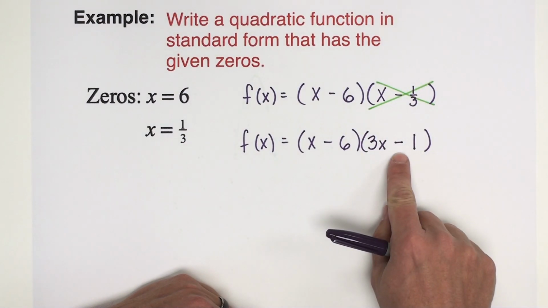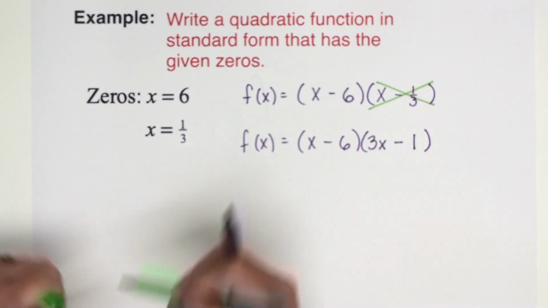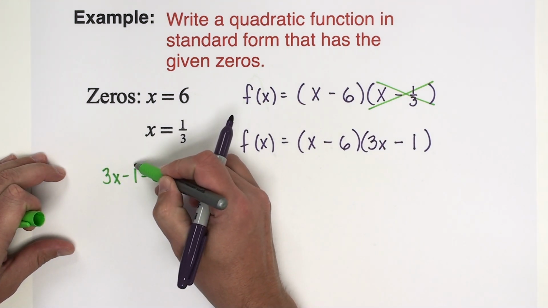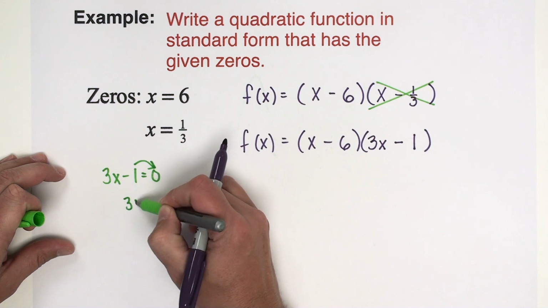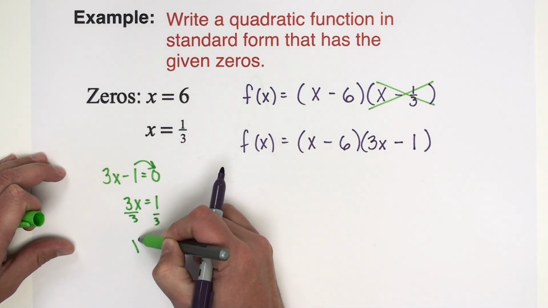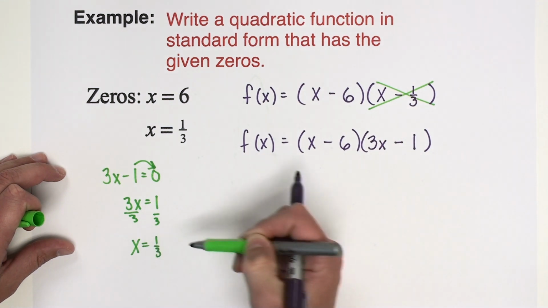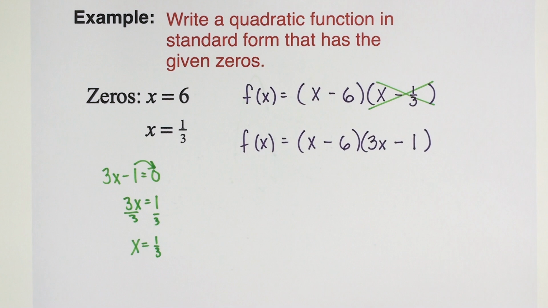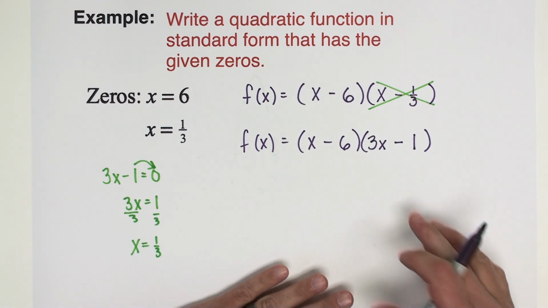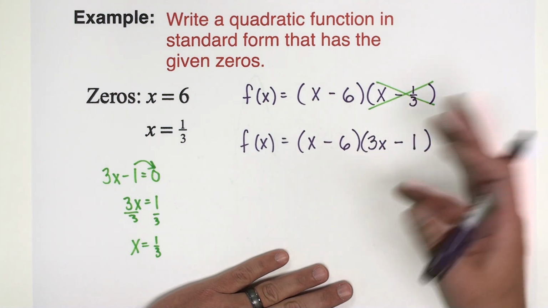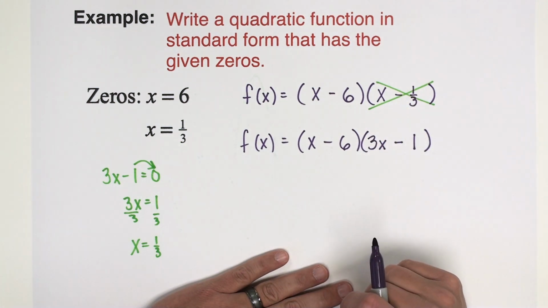So follow that two-step equation, right? If you take 3x minus 1 equals 0, you're adding that over, and you're dividing by 3. That's how we get the 1/3. So think of those fractional zeros as two-step equations. Put them in like this, not like that. They're going to multiply a lot easier without having to deal with the fraction.